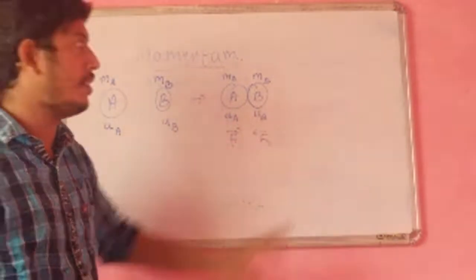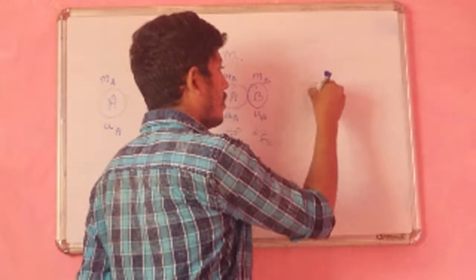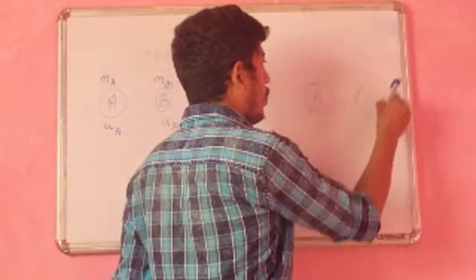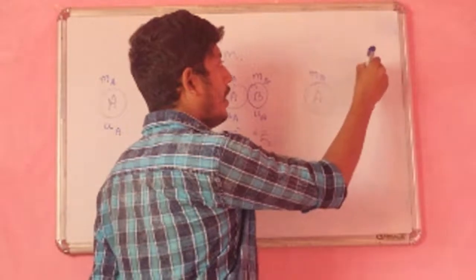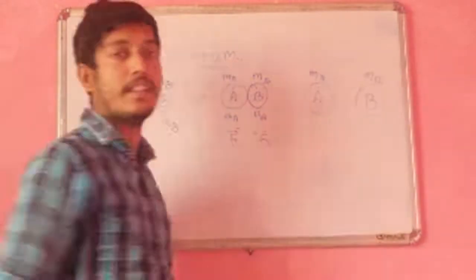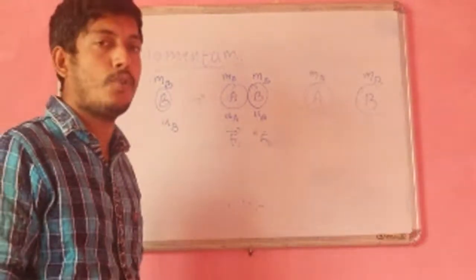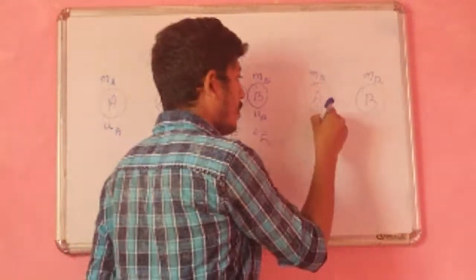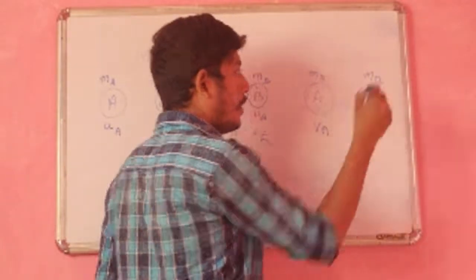In this place, I will again consider object A and object B. The mass remains the same: mA and mB are the masses of these two objects, and the velocities after collision become vA and vB.